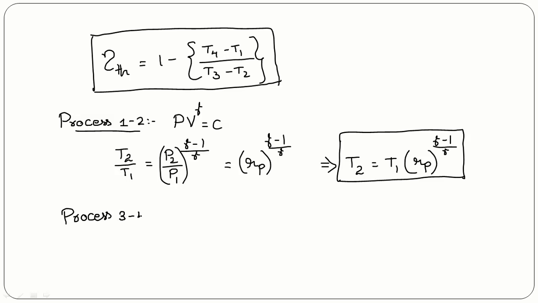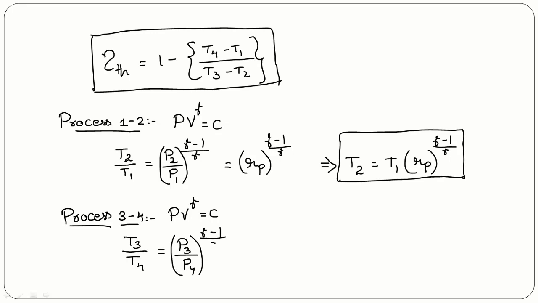Now let us go for process 3 to 4. Process 3 to 4 is isentropic expansion, so this also obeys PV^gamma equal to constant. So from this we can write T3 by T4 is equal to (P3 by P4) to the power (gamma minus 1) by gamma.